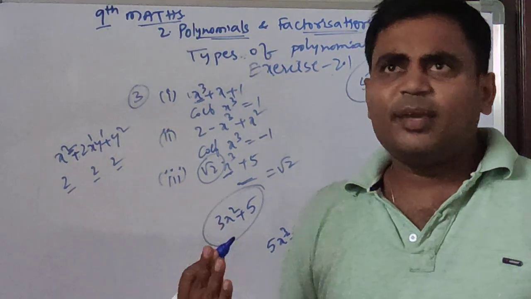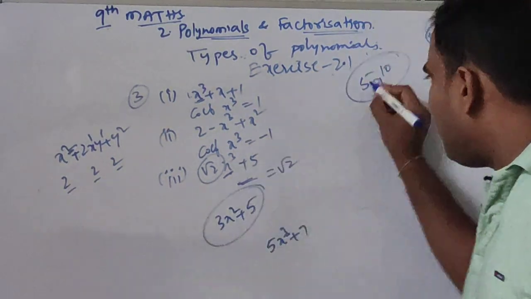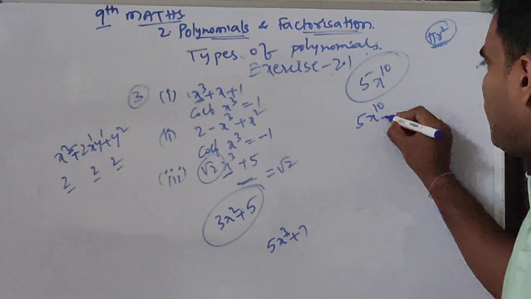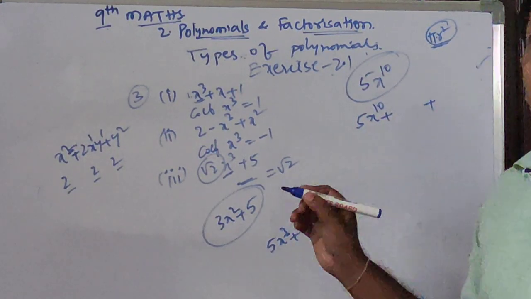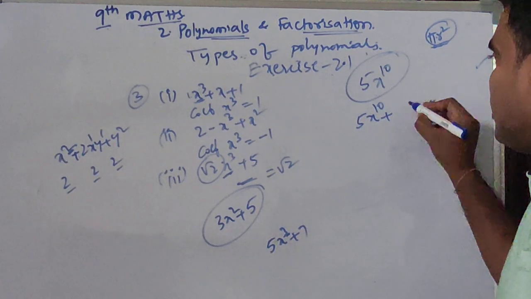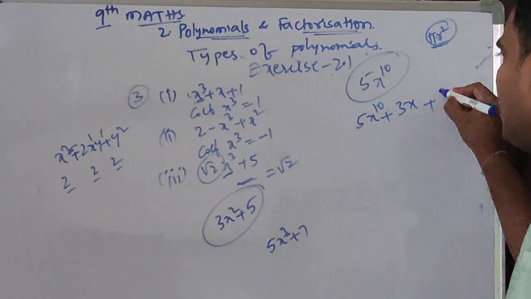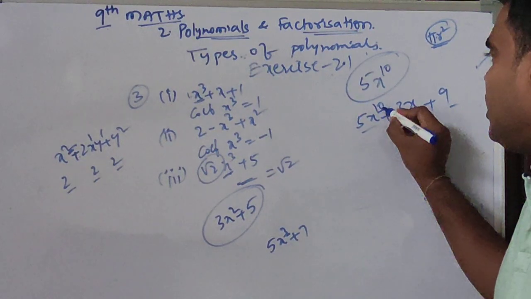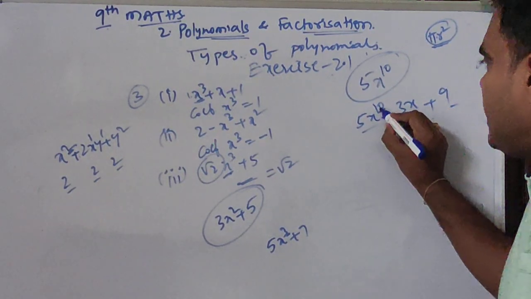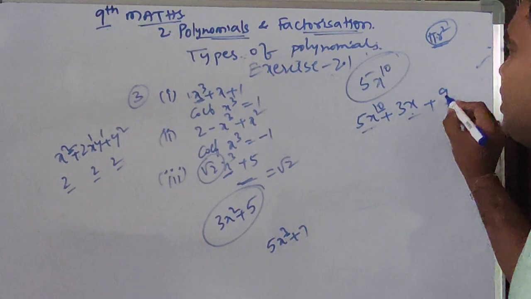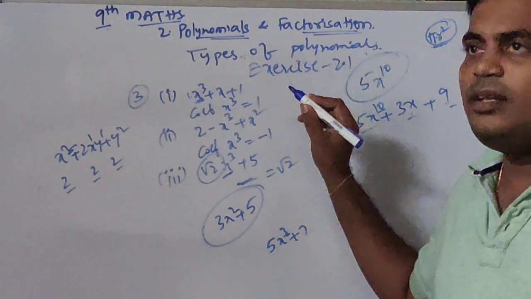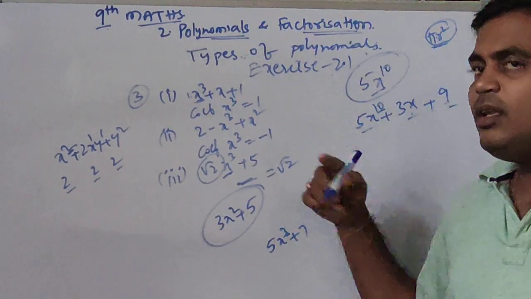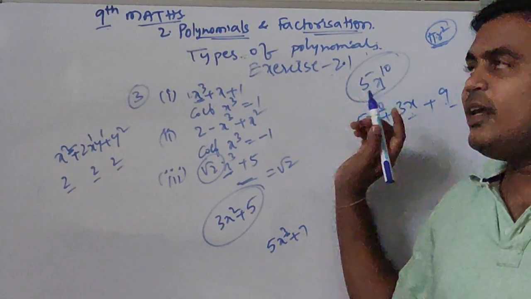Now the trinomial. Trinomial means 3 terms. Same, I am taking 3x power 10. I want to take 2 more, but the power should be less than 10, like 3x power 9. 1, 2, 3. The maximum power is 10, so the degree is 10, and there are 3 terms, so it is a trinomial. So this is a monomial, and this is a trinomial with degree 10.